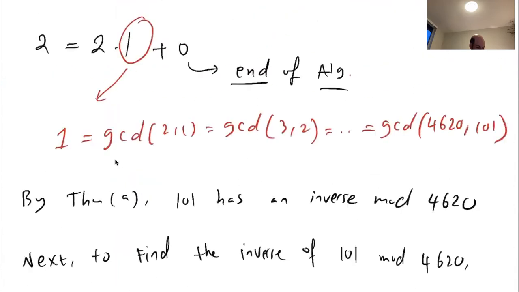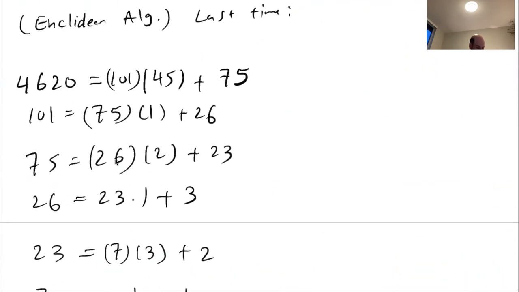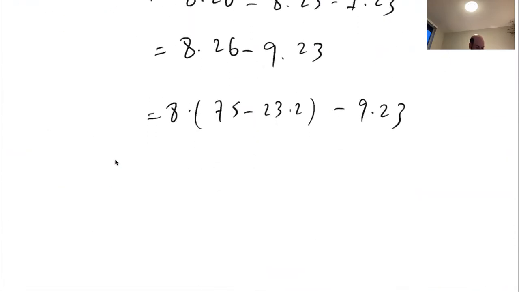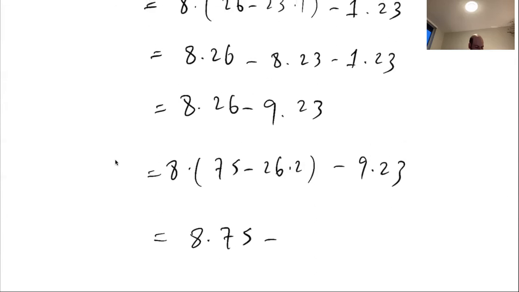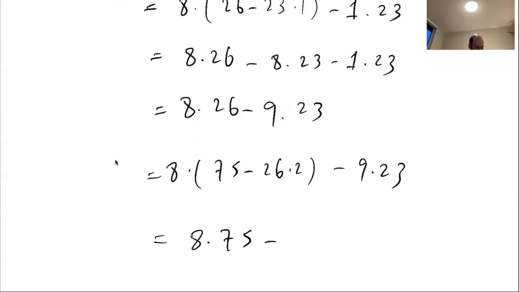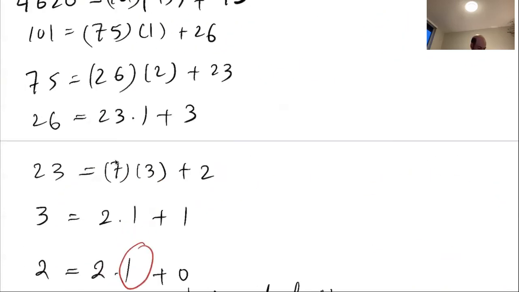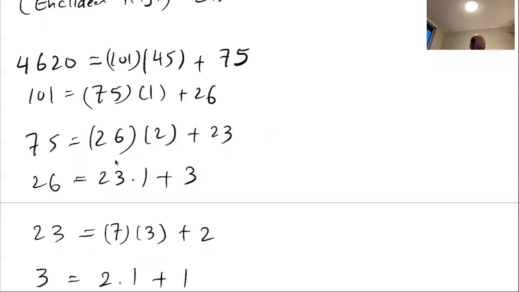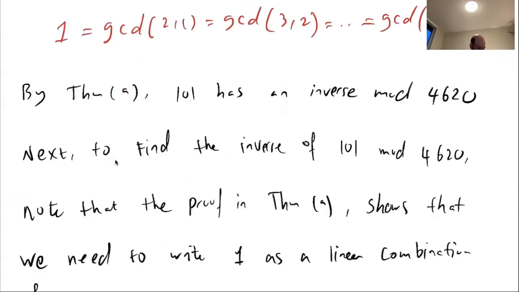Minus 75 minus 26 times 2. So minus 26 times 2. And then this one we can write 8 times 75 minus... sorry, I think I made a mistake. 23 could be written as 75 minus 2 times 26.